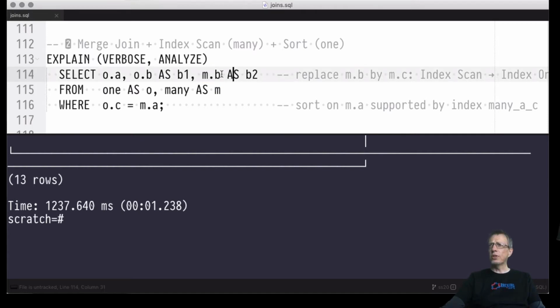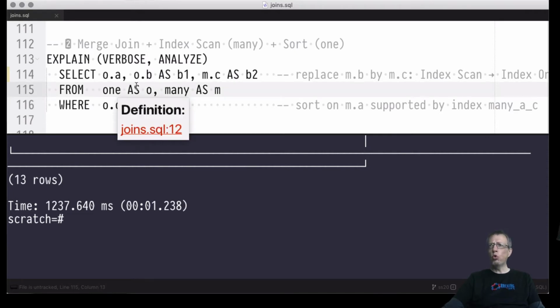It would be different if this would read m.c. Now, looking at the participating columns of the many table in this join, we would find the C column and the A column. Both of these are present in the AC index. And I think we could hope for an index-only scan in this particular situation on the many side.